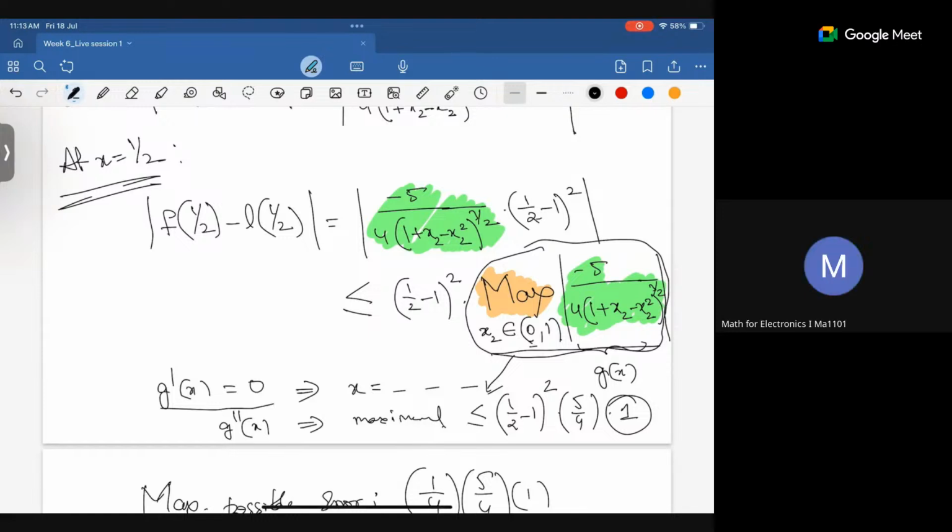And if it is something like 1 comma 2 and you have 1 by x, then you don't have to do these steps. Actually here, sir, x2 belongs to 1 by 2 to 1, because we are finding the maximum possible error around x equals 1 by 2. Yes, correct.